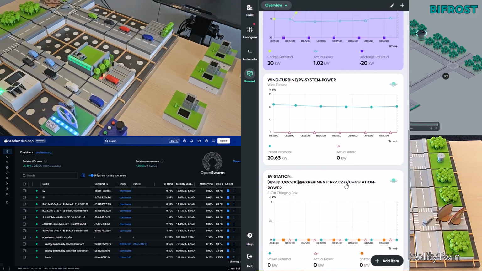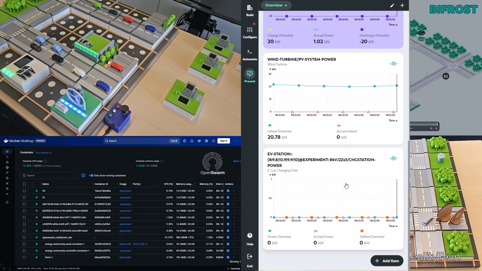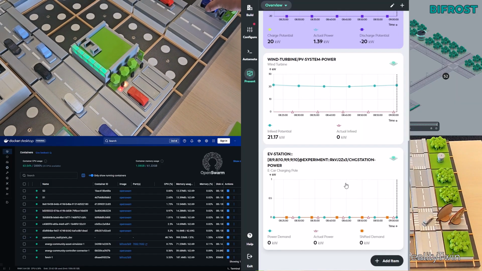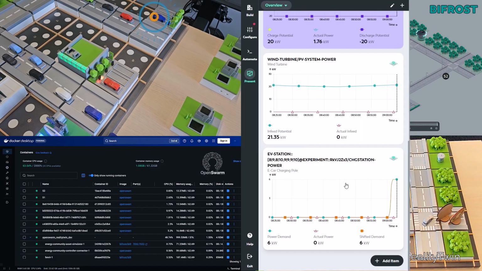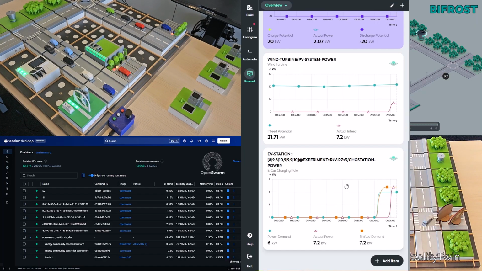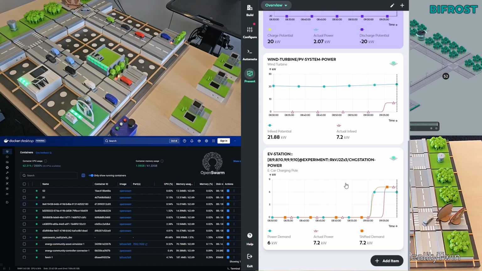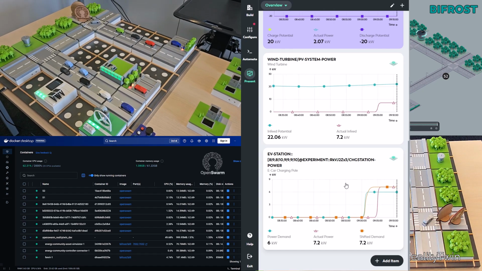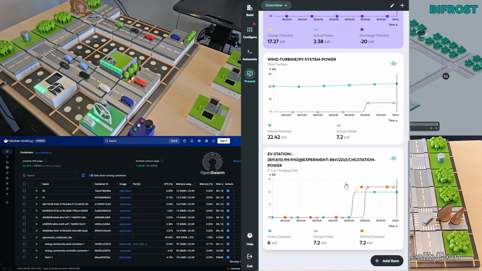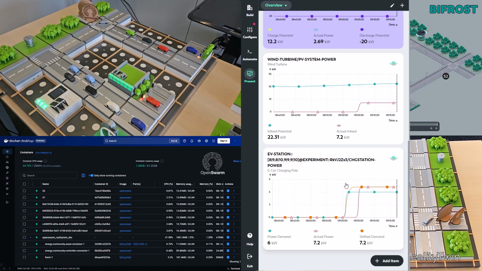So let's have a look now at the wind turbine, Community C. I add a car to the charging station there. And now we see that the charging power is provided again by the wind turbine.